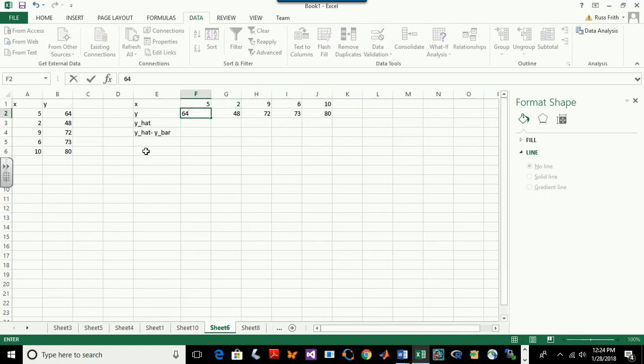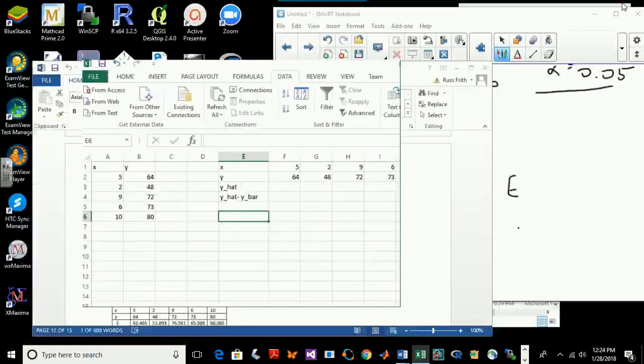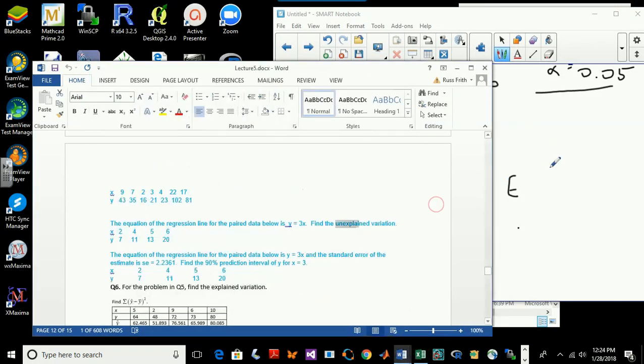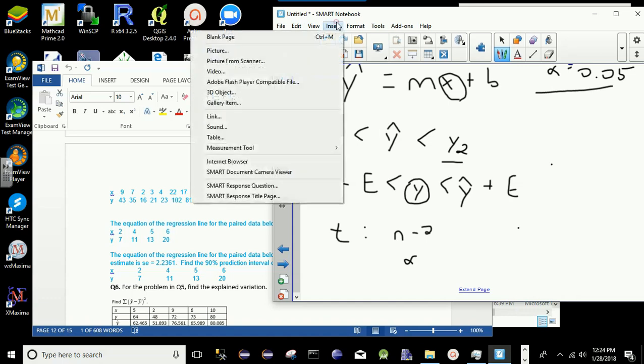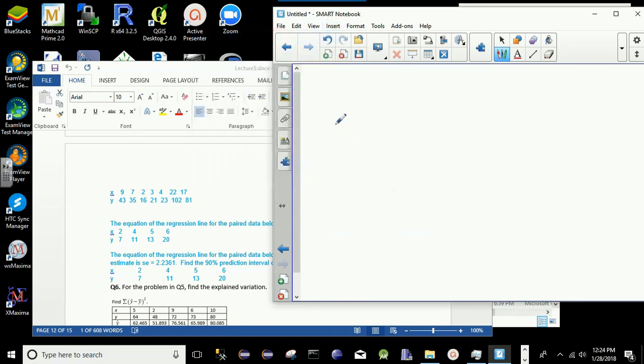So our regression equation was y hat equals 3.524 x plus 44.845.